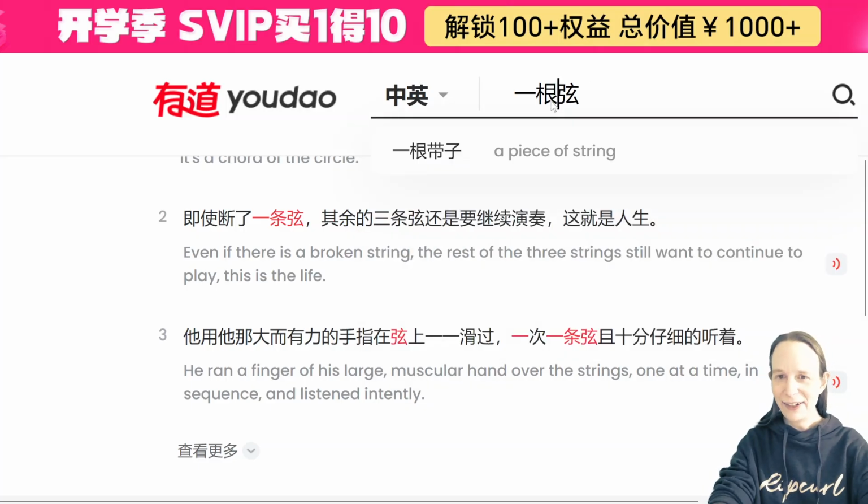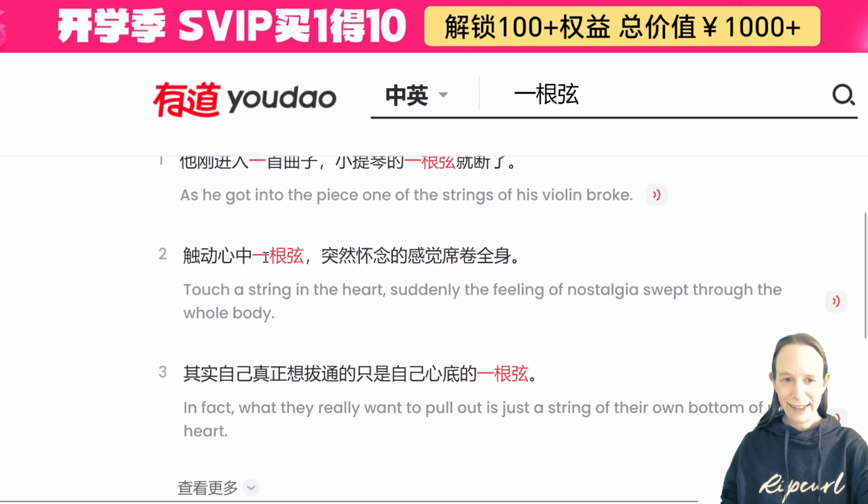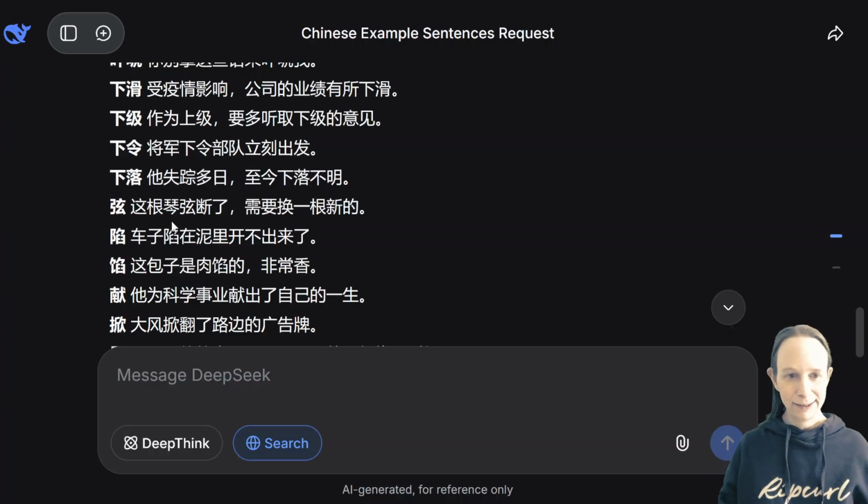Can it be this? Usually things that are 根 are not flexible. 根弦. Oh, there it is. 触动新的一根弦. All right. So 根 can be string. So this measure word is for the string, not for the 琴. Yeah. So this 琴弦 broke.